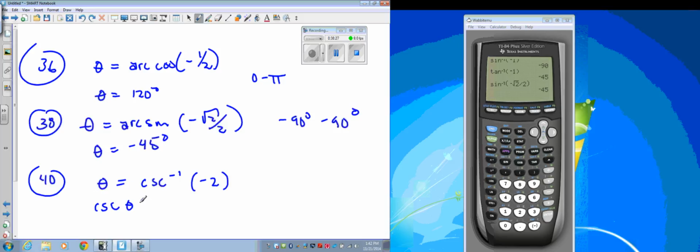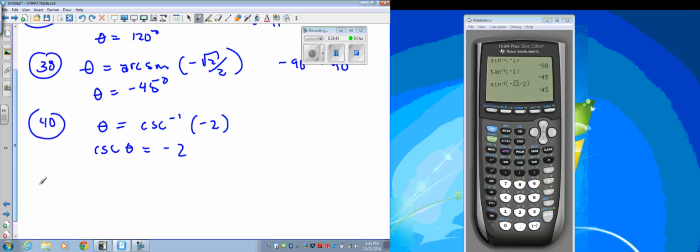So this thing can be written this way, right? Cosecant of theta equals minus 2. We're looking for this theta. This is what's given to us. That's what this is telling us. But now, if you write it this way, cosecant is 1 over sine, right? So this is 1 over sine of theta equals minus 2.